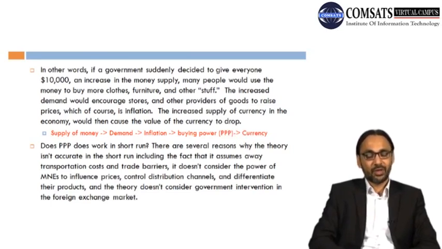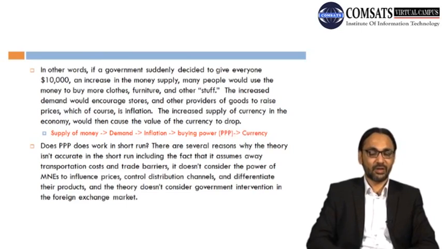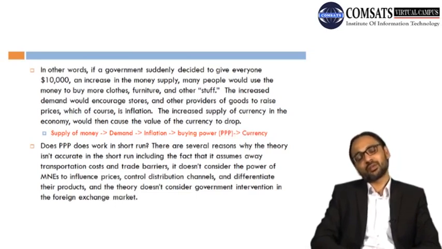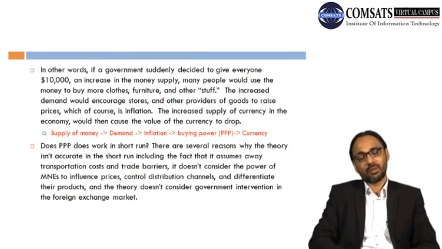Then the question is, is the prediction of PPP working in the short run or not? There are several reasons why the theory isn't accurate in the short run, including the fact that it assumes away transportation costs and trade barriers. There are a lot of assumptions underlying this PPP theory.